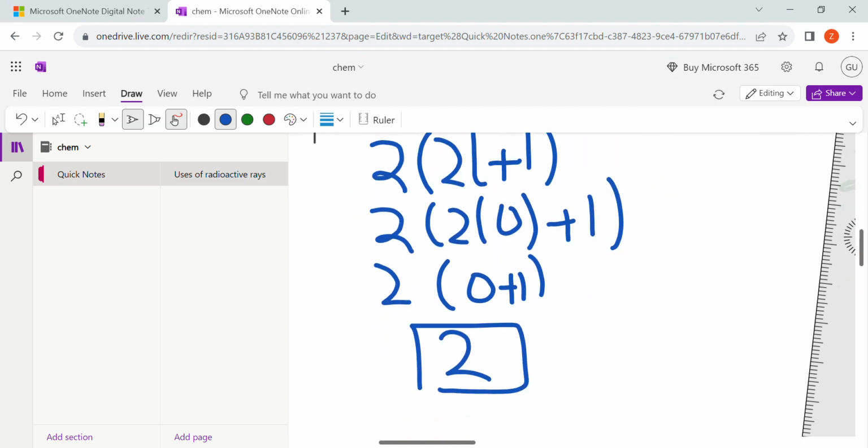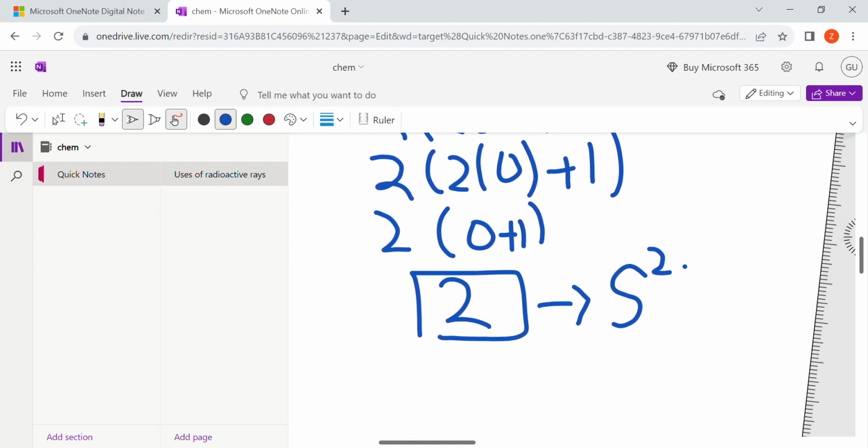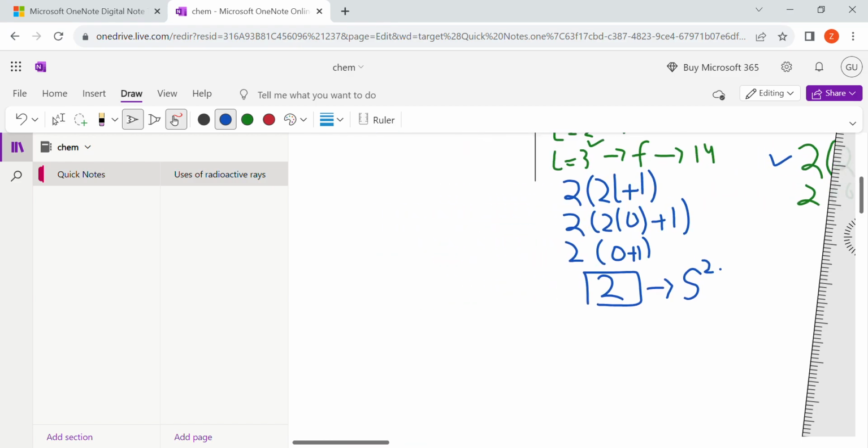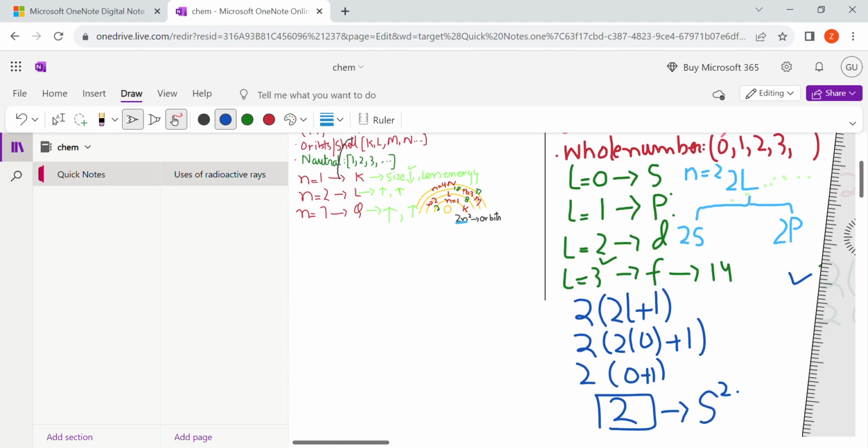So inside s we will have 2 electrons and it would be written like this. So I am writing all the values of how many would come in each. So this is the formula that tells about the electrons present in subshells. Alright, and we have discussed the formula for the shells, 2n square.